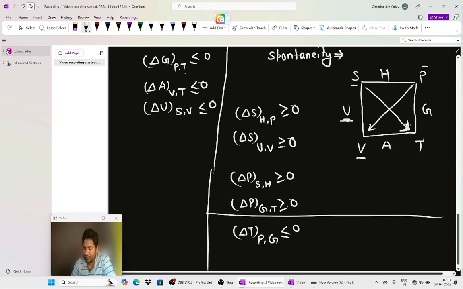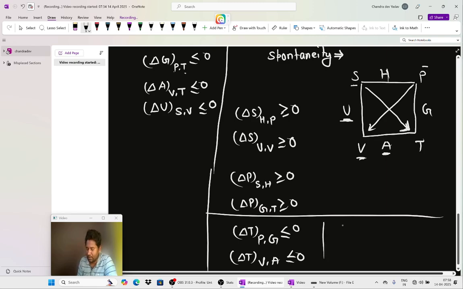Why? Because the arrow is coming towards temperature. If the arrow is coming towards, then negative. If it goes far away, then positive. So delta T at constant V and A less than 0, then the process is also spontaneous.